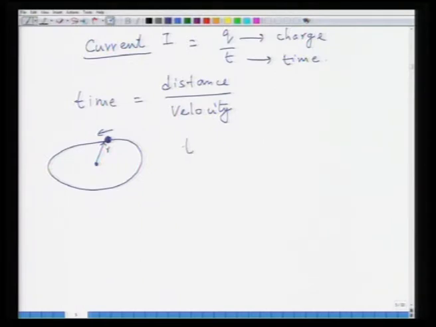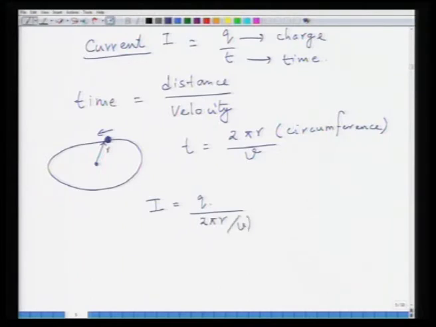So, time T will be given as distance, which is the whole circumference, 2 pi r, divided by velocity v. This has the unit of time. As a result, I becomes q divided by 2 pi r divided by v, or q v divided by 2 pi r, where r is the radius of the orbit, and this is your orbit.